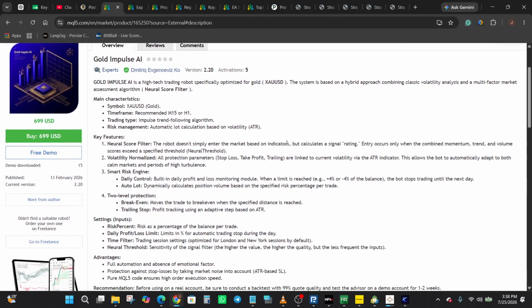So looking directly at the MQL5 Marketplace listing, Gold Impulse AI is developed by Dmitry Evgenovich Co. and is currently priced at 699 US dollars with 5 activations.